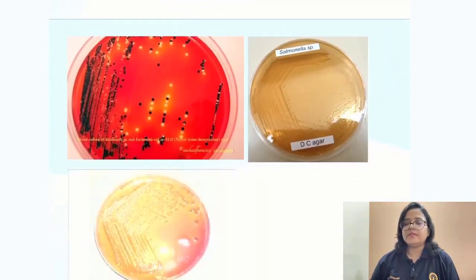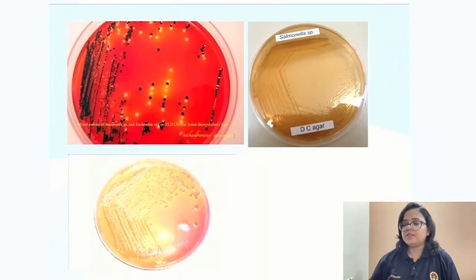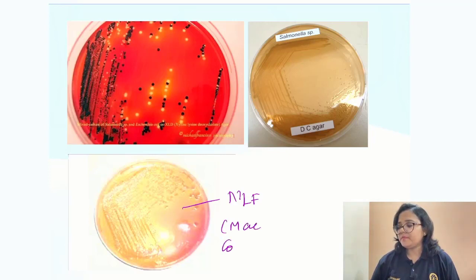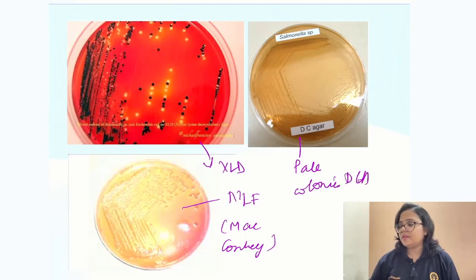So this is the image, three images. One is the non-lactose fermenting colonies seen in MacConkey agar, and in XLD agar we see red colonies with black center, and this is again the pale colonies seen in DCA agar.